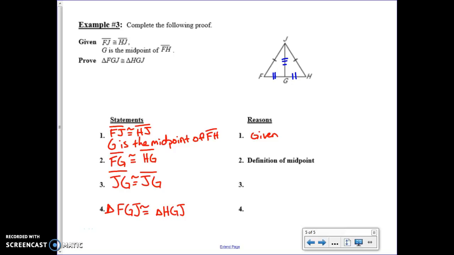My reason there, something being congruent to itself, is reflexive property of congruence, since I am using a congruent symbol. Now, I look at the picture, I see 3 sides marked, so my reason that the triangles are congruent is by side, side, side.